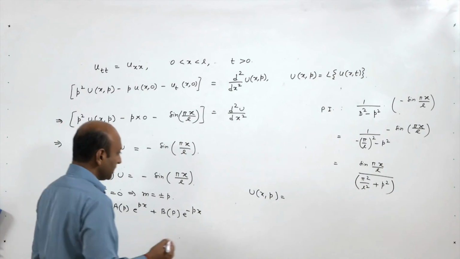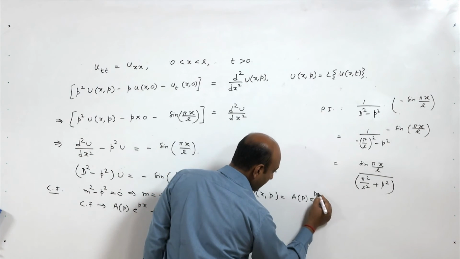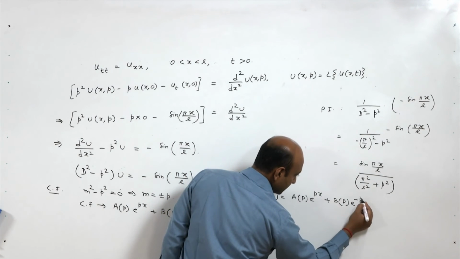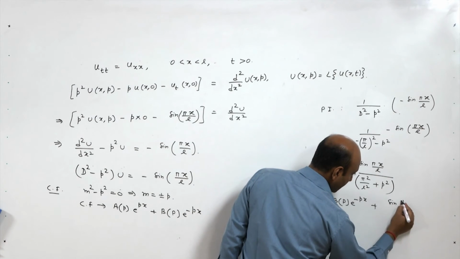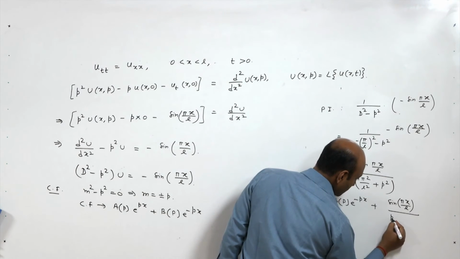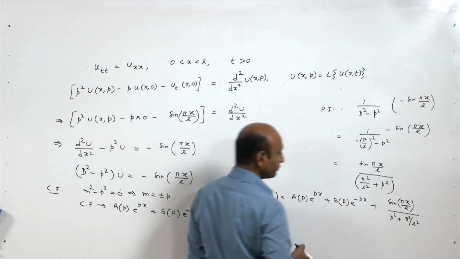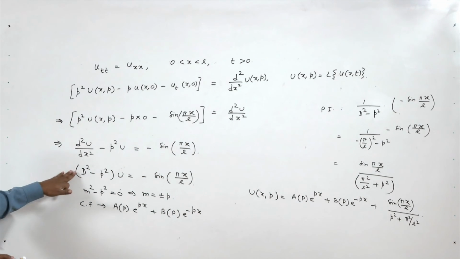CF is nothing but A_p e^(px) + B_p e^(-px), plus PI, which is sin(πx/L) upon (p² + π²/L²). So, that will be the complete solution of this differential equation.